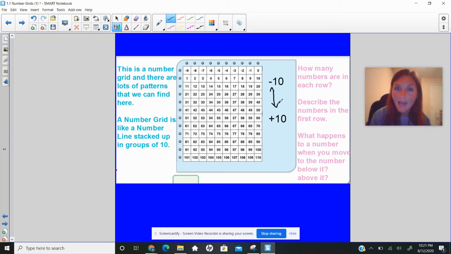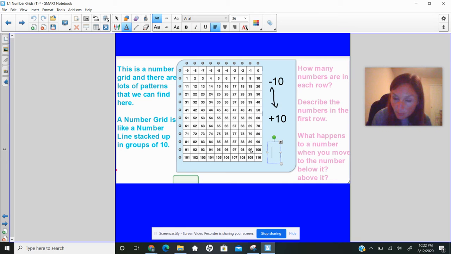I want to make sure that that is clear: when we go up, we're minusing, and when we go down, we're adding. Now when we go across, when we go forward, like reading a book, the numbers get bigger, 95, 96, 97, 98. So that means we're adding 1. But when we go backwards, 87, 86, 85, 84, 83, 82, the numbers are getting smaller.